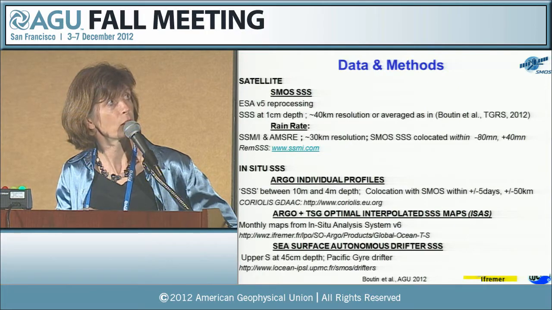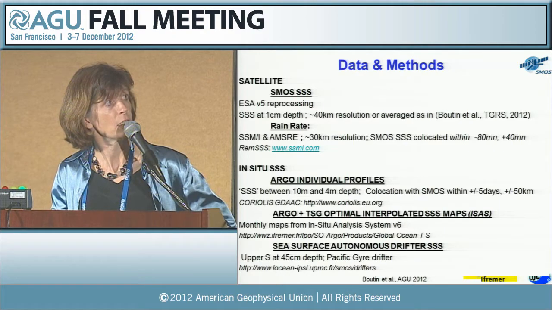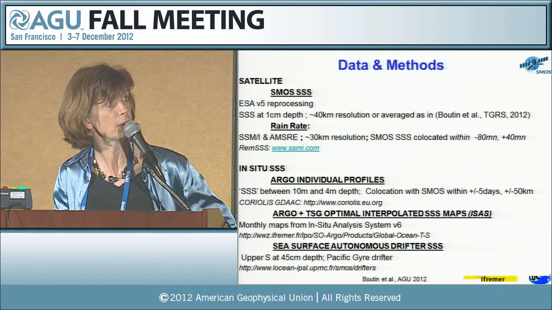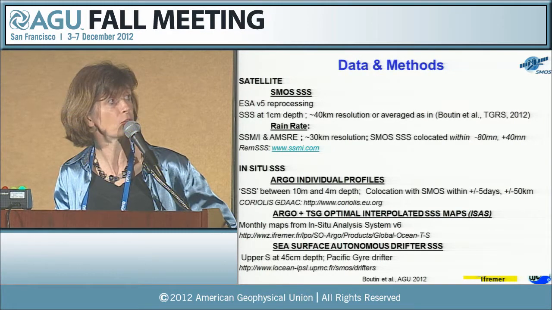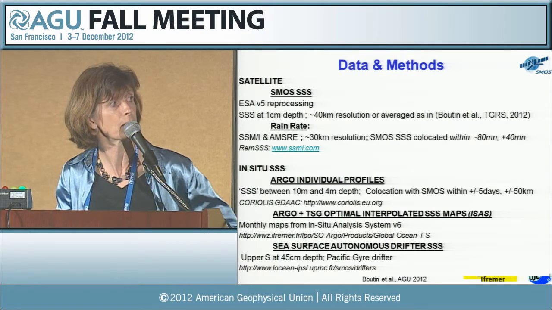We also used the satellite rain rate, derived by the Remote Sensing Systems, and we collocate them within about plus or minus 1 hour with the SMOS salinities. Concerning in situ salinity, we use both Argo individual profiles provided by Coriolis, where the sea surface salinity is the upper salinity taken between 10 meter and 4 meter depth.